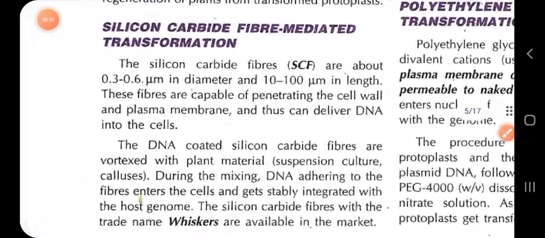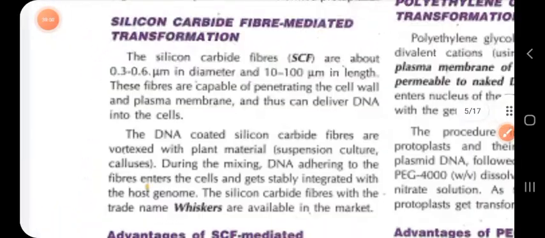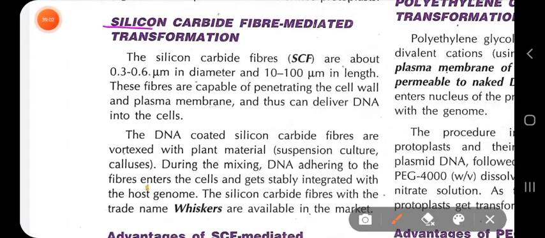Let's see other modes of gene transformation technique. Silicon carbide fiber mediated transformation. Here we use fibers made of silicon carbide. These fibers are 0.3 to 0.6 micrometer in diameter, and the length is about 10 to 100 micrometer.